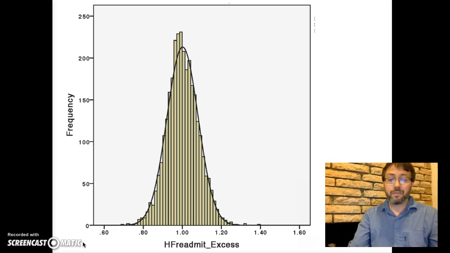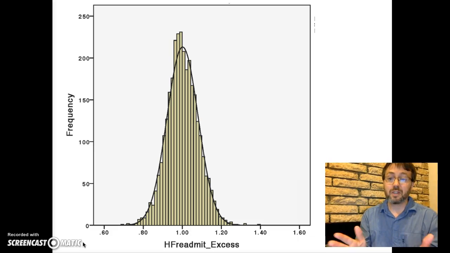We see here for heart failure readmissions, the excess ratio, which is used to calculate the hospital specific penalty for readmissions, is a standardized ratio. And if you see here on the left the number of hospitals with this particular ratio, we look at the ratio of 1.